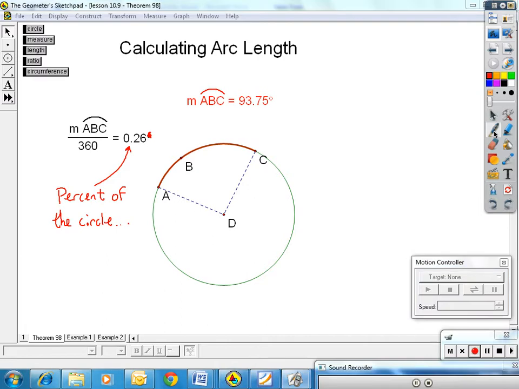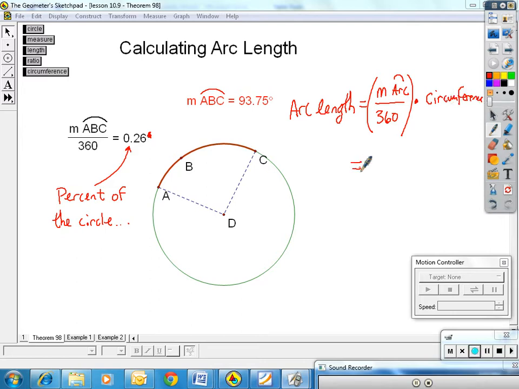If I want to know the arc length, I'm going to take the measure of the arc divided by 360, and I'm going to get that percentage of the circle that I'm talking about. And then I'm going to multiply it by the circumference of the circle.